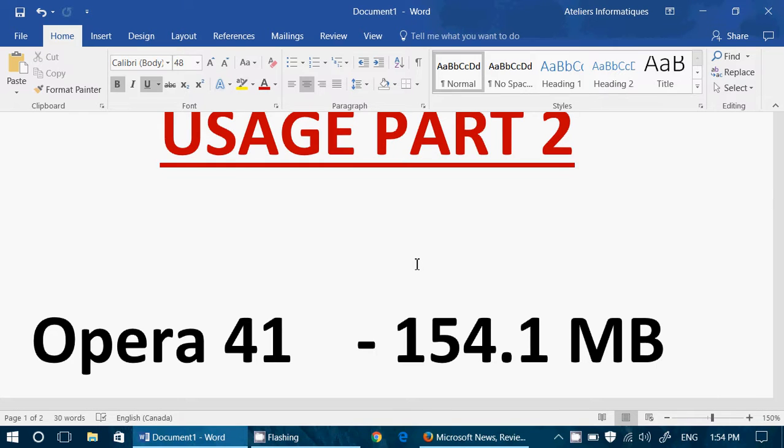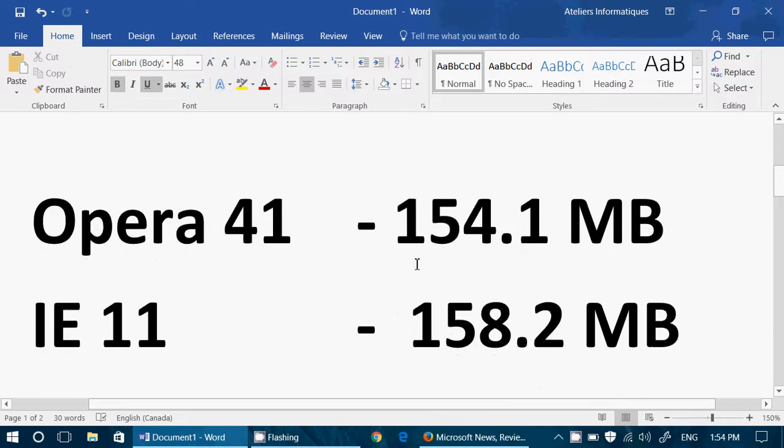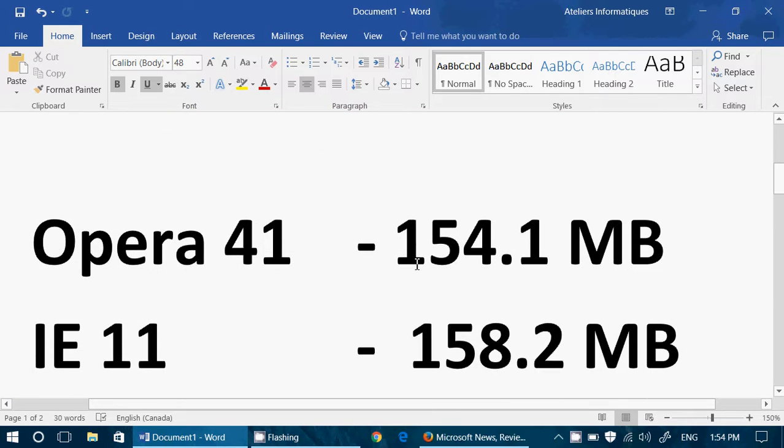So this is interesting. It was the winner of the least RAM used. All the web browsers had the same tabs and websites open, and same extensions, nothing different, to make sure that everything's fair. And the second one was Internet Explorer 11.